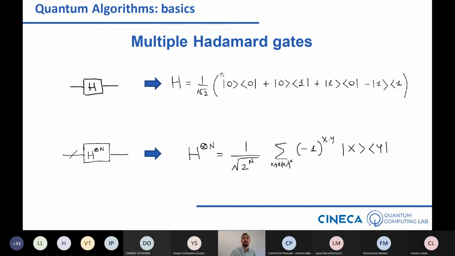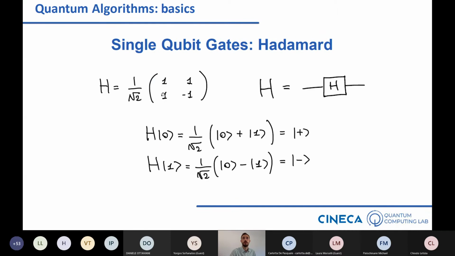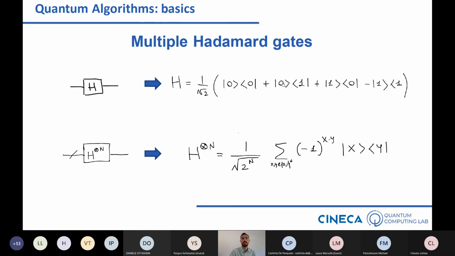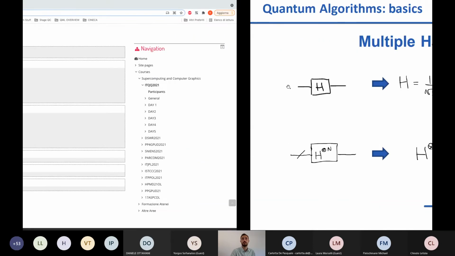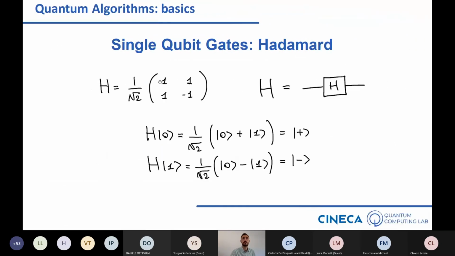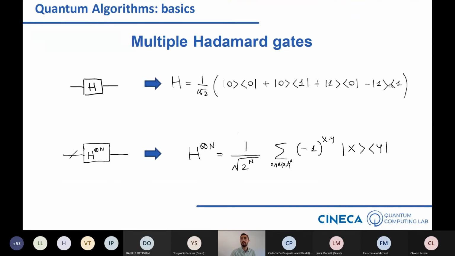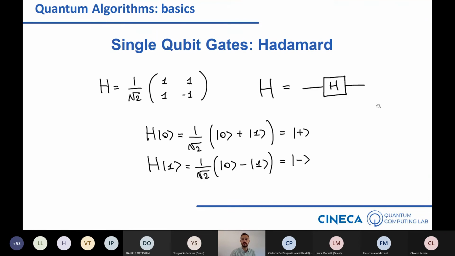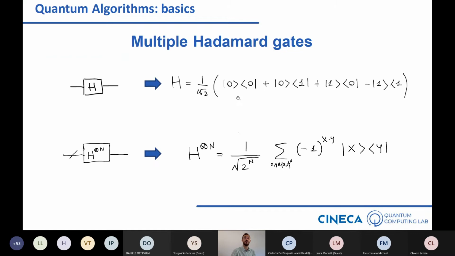This term is associated to the first element in the matrix. The second one is 0, 1. These are also positions in the matrix. The 0, 1 position is this one, the 1, 0 position is this one, and the 1, 1 position is this one here. That is why this is a way of writing the Hadamard gate.